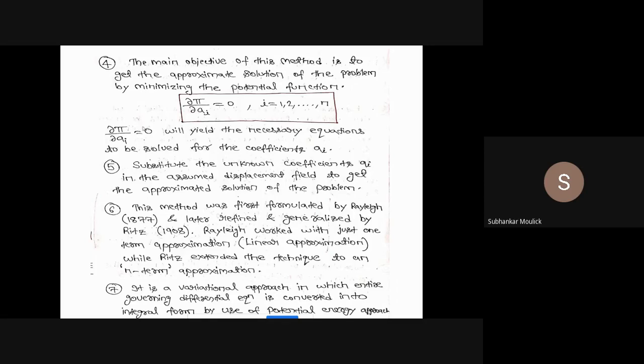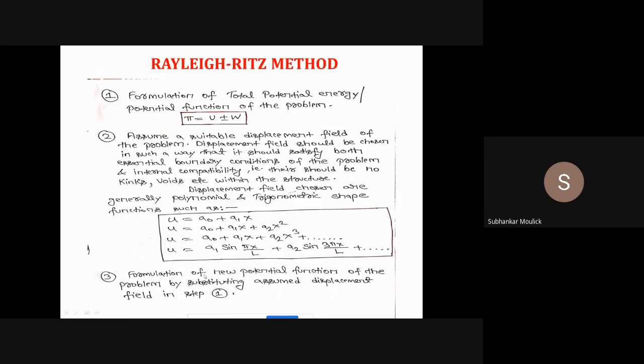After that, what will you do in the fifth step? In the fifth step, you will substitute the values of a1 and a2 in the assumed displacement field which you have assumed to solve the given problem.